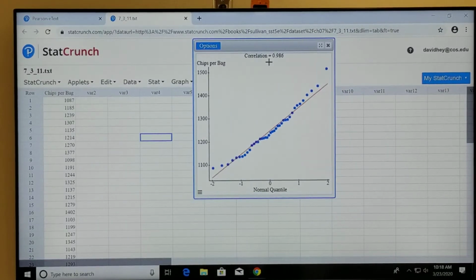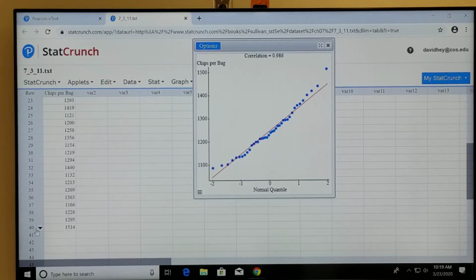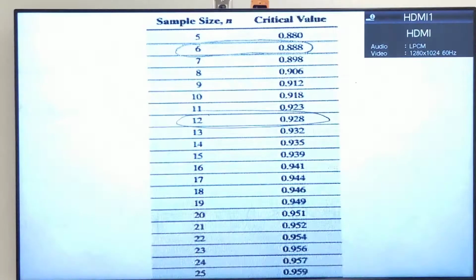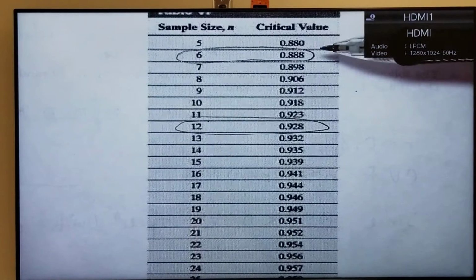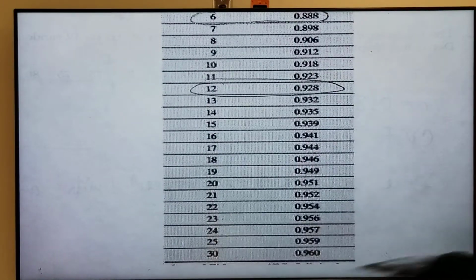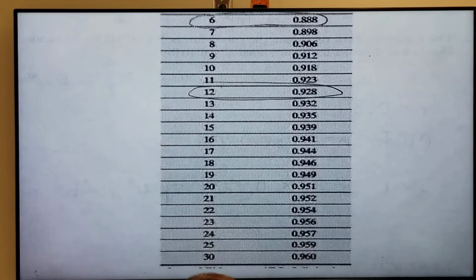The chart that I listed only goes up to 30, and that's a problem because this particular data set has 40 individuals in it. So if we take a look, the largest number of individuals is 30, and we've got 40.